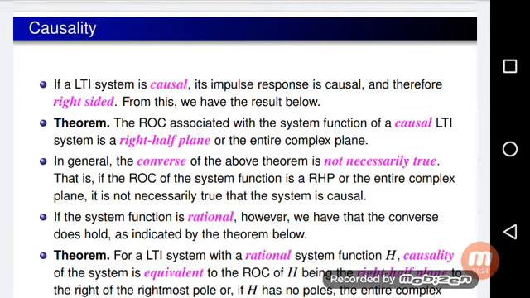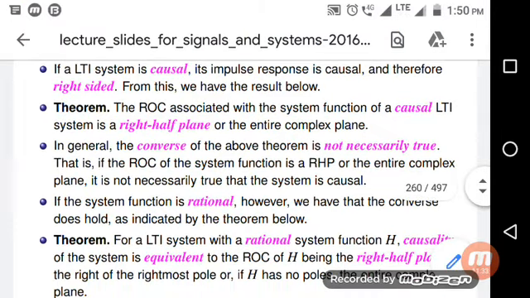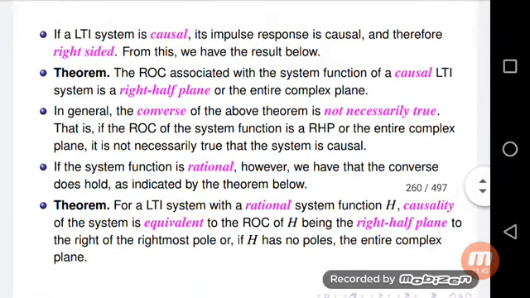If the system function is rational, however, we have that the converse does hold, as indicated in the theorem below. For an LTI system with a rational system function H, causality of the system is equivalent to the ROC of H being a right half plane to the right of the rightmost pole.